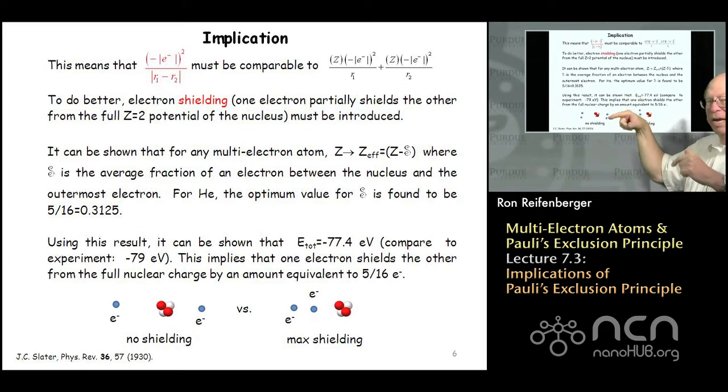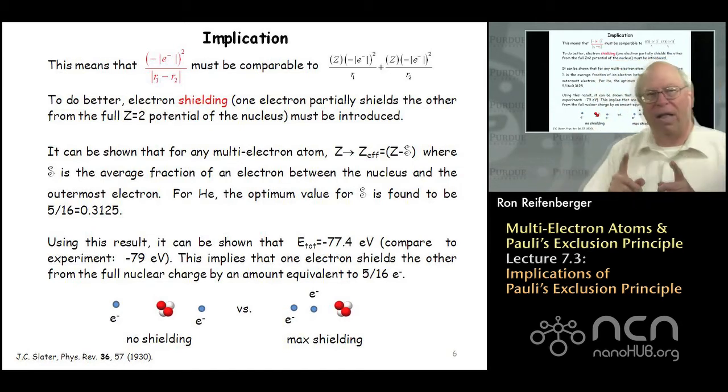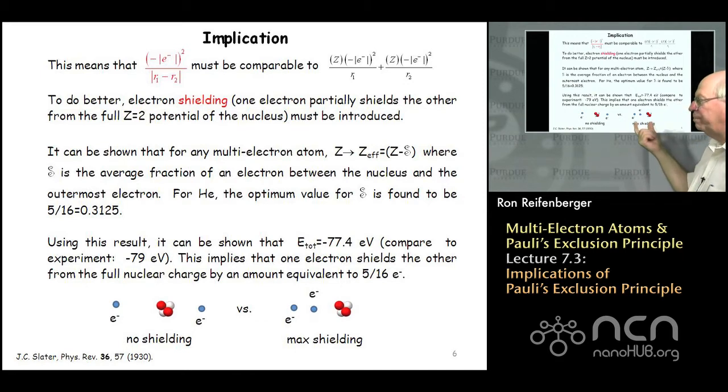And when you incorporate that shielding into Schrödinger's equation, then what you find is that you can predict the energy of the two electrons, the sum of the energy of the two electrons, to be minus 77 eV. You compare that to minus 79 eV, which is measured experimentally, and you see the two results are much closer in agreement. Now, what that implies is that when the electrons orbit the helium nucleus, there's actually a correlation between their positions, right?